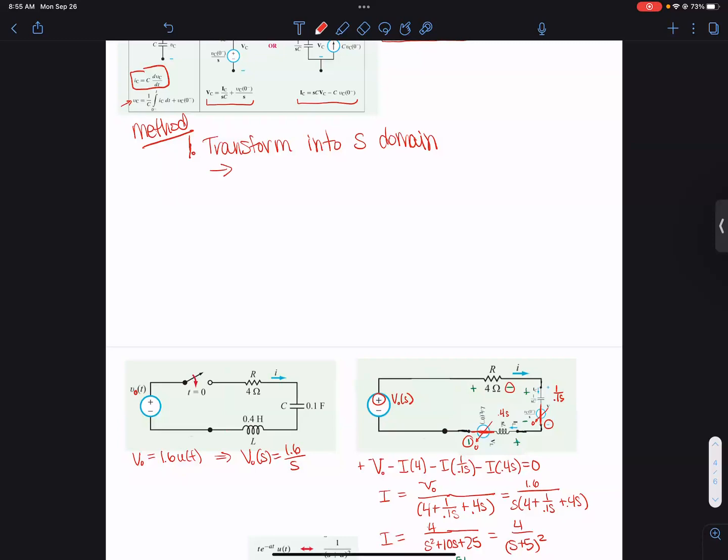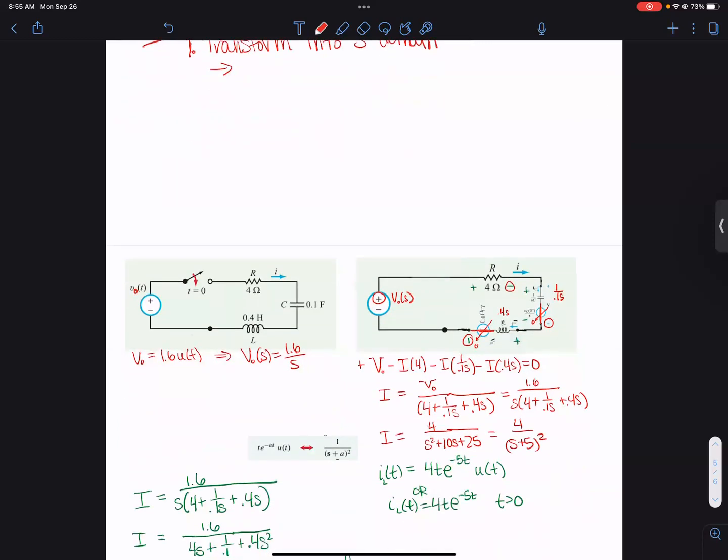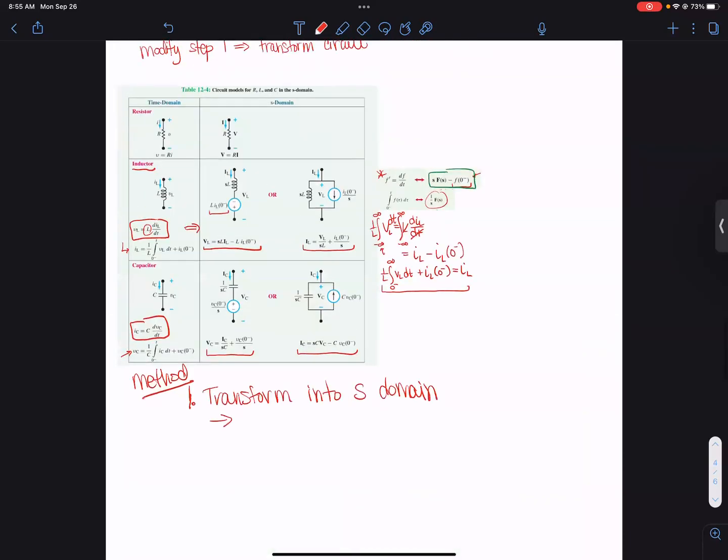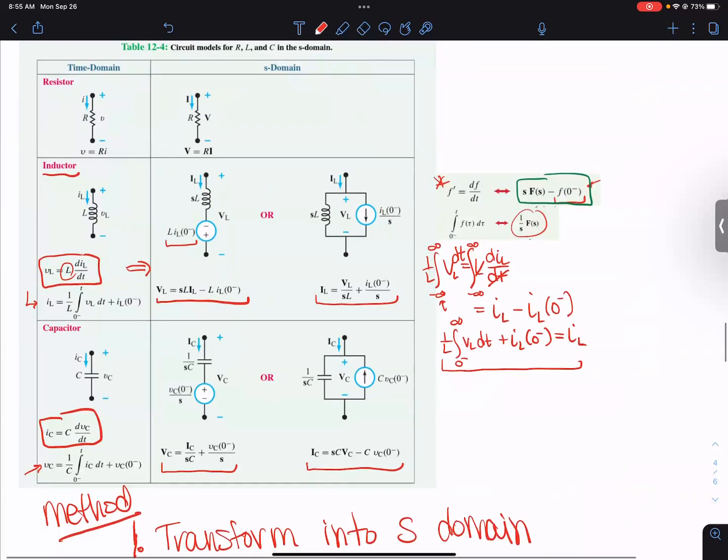To do that, you pick which form you want. Do you want the form of the inductor with a voltage source or the inductor with a current source? You look at the circuit and decide which one is going to be the easier form. If they're all in series, having the inductor with the voltage source is going to be easier to solve.